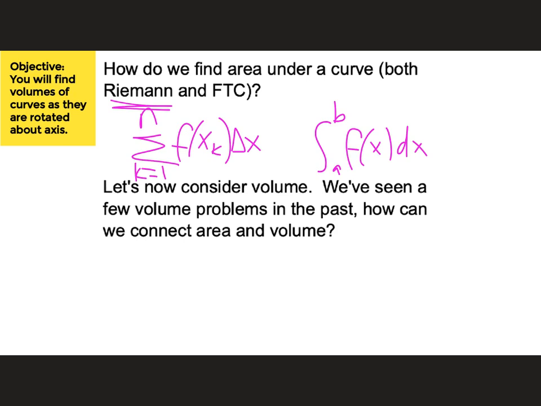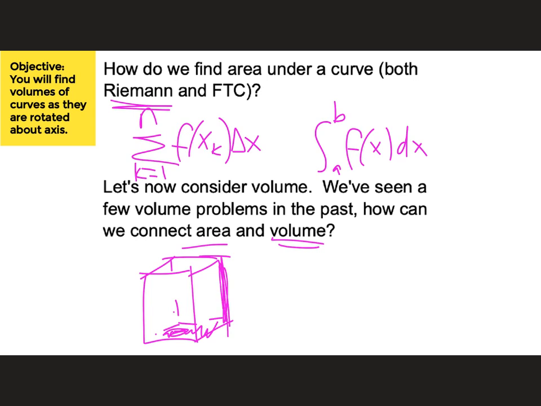Now let's consider volume. How can we connect area and volume? Well, when I connect area and volume, I think of geometry. If I want to find the volume of a prism, in this case a rectangular prism, I would do the area of the base and multiply by the height, and that would get me the volume.